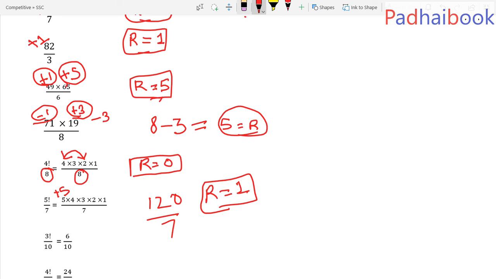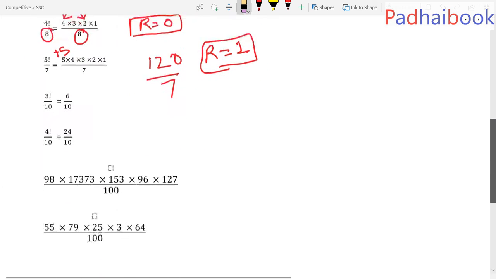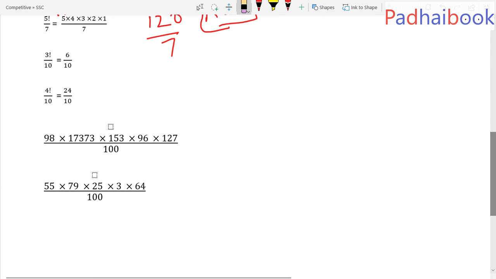Okay, let's move on to our next example. The number is 3 factorial upon 10, as you can see. What is 3 factorial? 3 factorial is 3 into 2 into 1, which is 6.